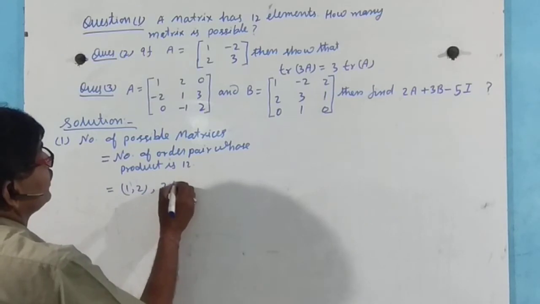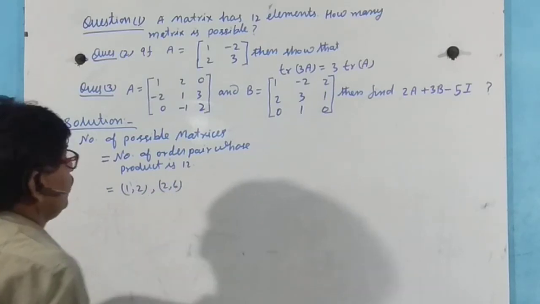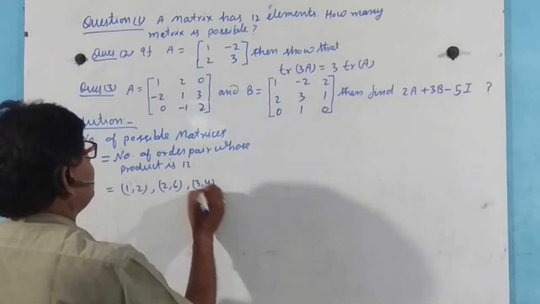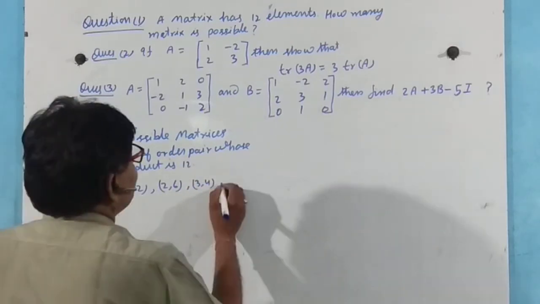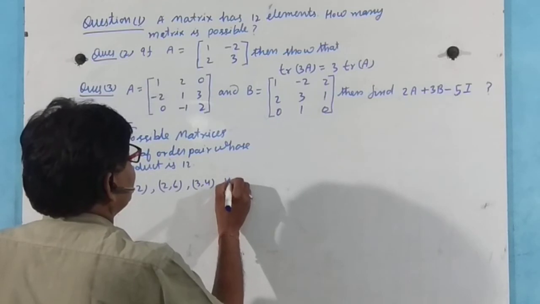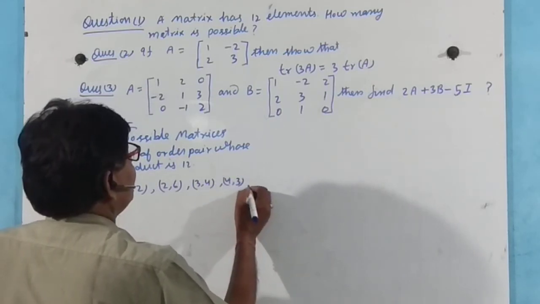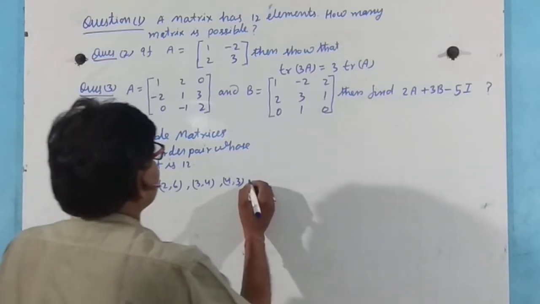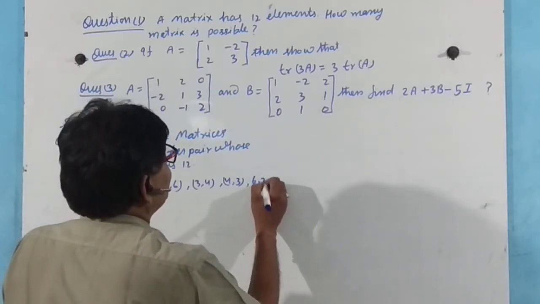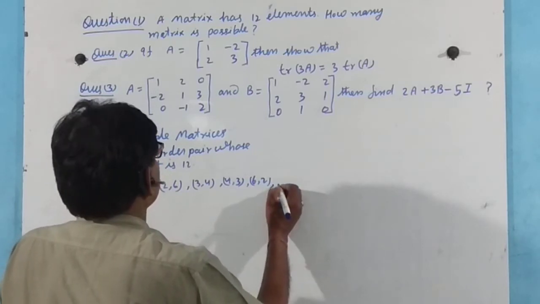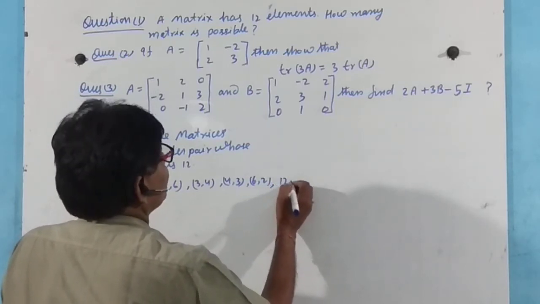That is 1 12, 2 6, 3 4, 4 3, 6 2 and 12 1.